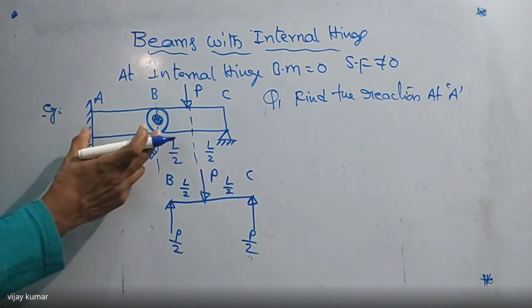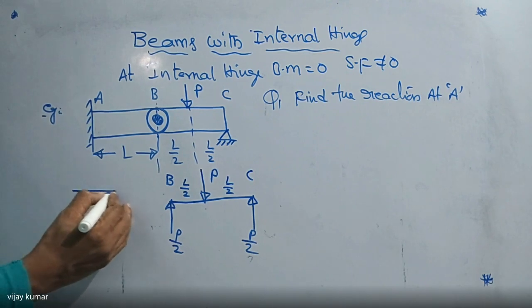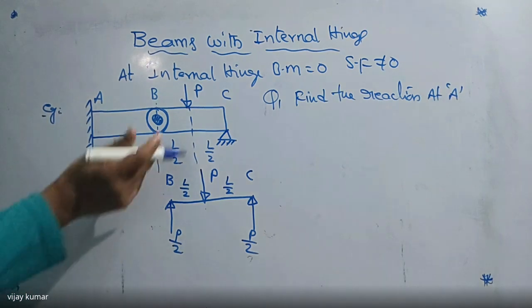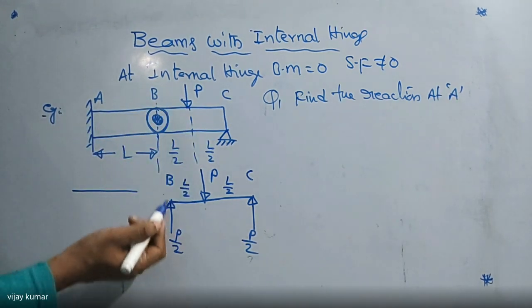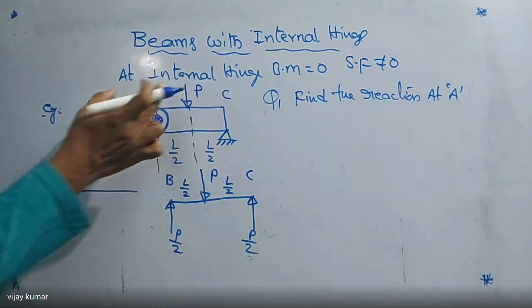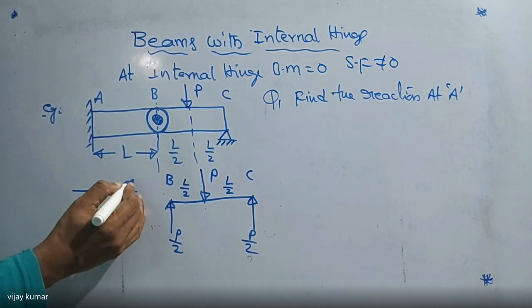Now tell me, for the case of bar AB, I am taking AB here. If bar AB applies a force on BC in upward direction, at the same time, bar BC applies some force on AB in which direction? Downward direction.